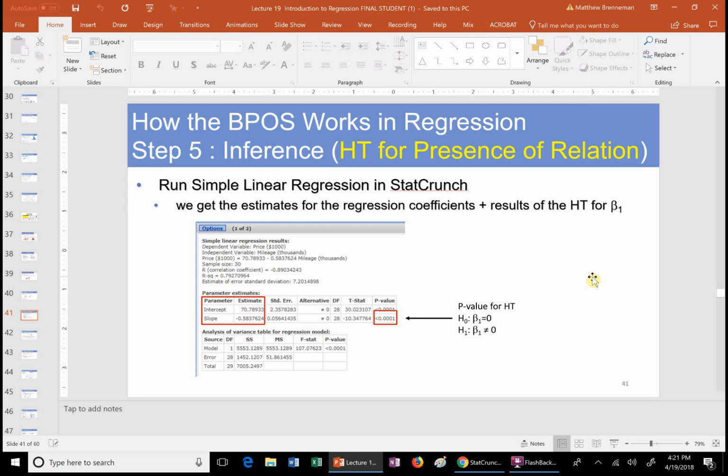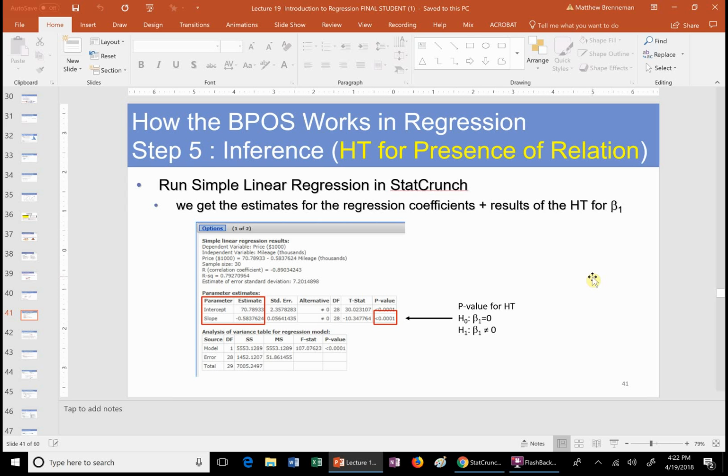What would we conclude? Reject the null or fail to reject? Reject the null. So what would we say? Well, we would say that at a significance level of at least 5%, we conclude that there is enough evidence that there's a linear relationship. So we reject the null, we believe the slope's not equal to 0, we believe there's a significant relationship.